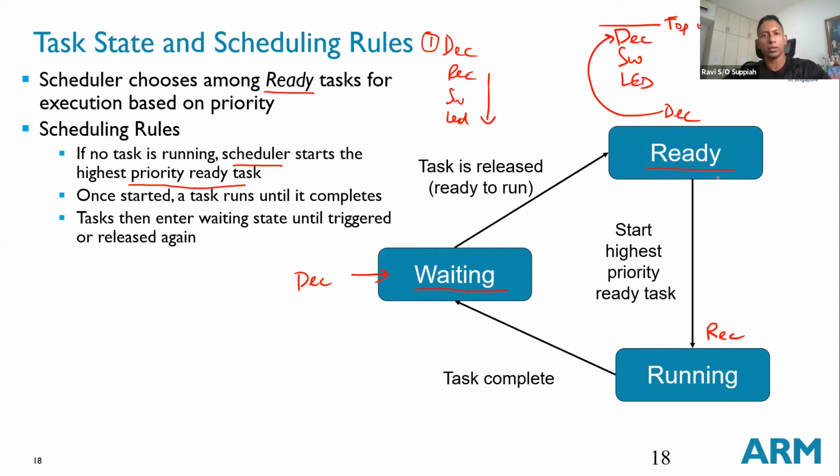It maintains a queue of which task is going to transition next. When a higher priority task transitions from waiting to ready, it will automatically go to the front of the queue. When the current running task transitions out, meaning it has completed and is waiting for its next turn, the decode task at the top of the queue can now transition to the running state. That is the concept of how a scheduler works, but we will revisit this in more detail later when we go into the RTOS option.